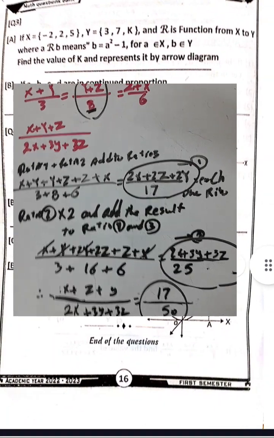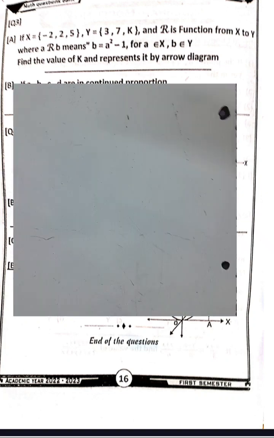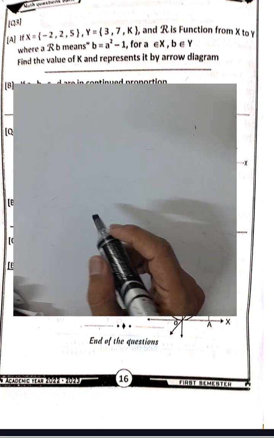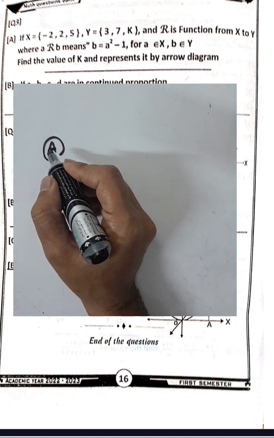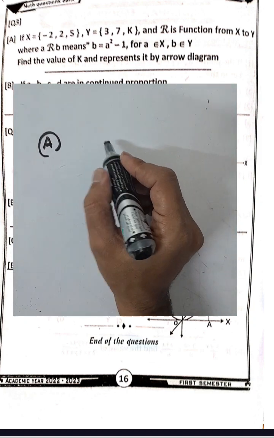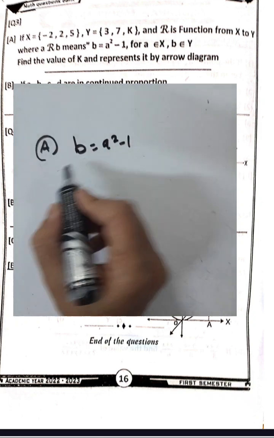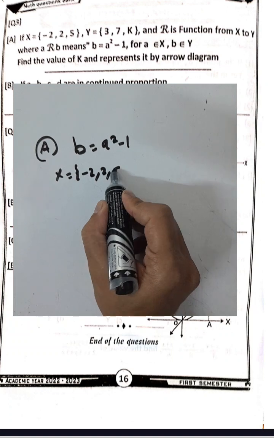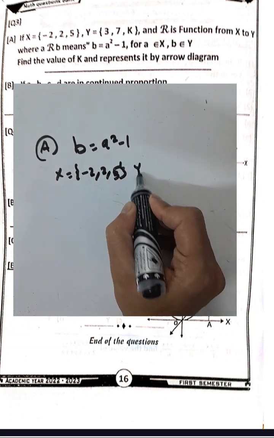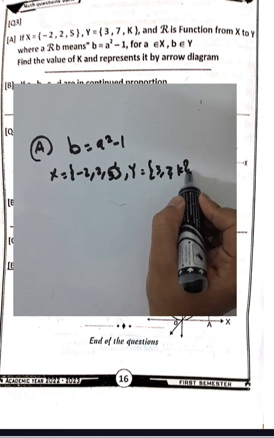Next question. Question A: we have x and y and the relation b equals a power 2 minus 1. We have the set x equals negative 2, 2 and 5, and y equals the set 3, 7 and k.